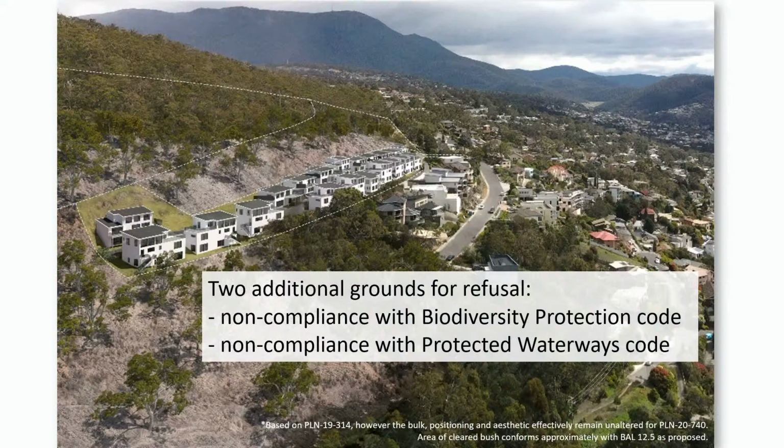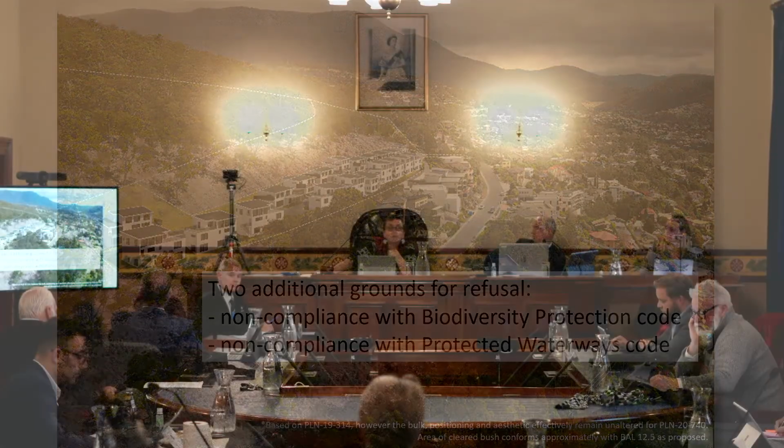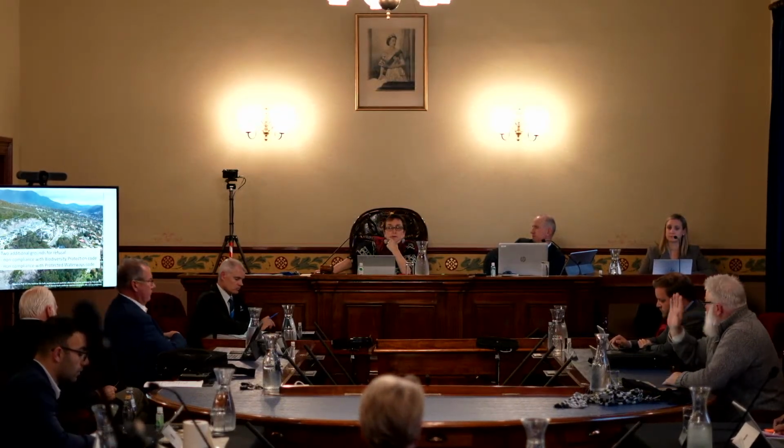So my final statement is on behalf of the 213 representors, and that is that the Planning Committee consider adding 2 more grounds for refusal. One related to non-compliance with respect to the biodiversity protection area, and one related to non-compliance with the protected waterway. Thank you very much. Right, any questions?